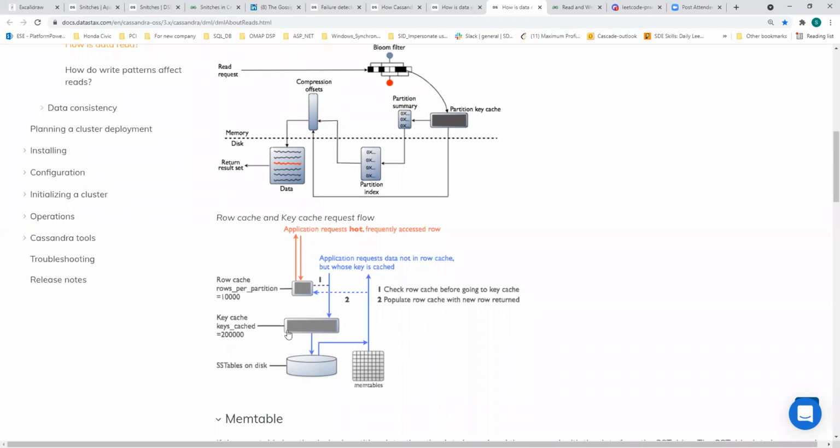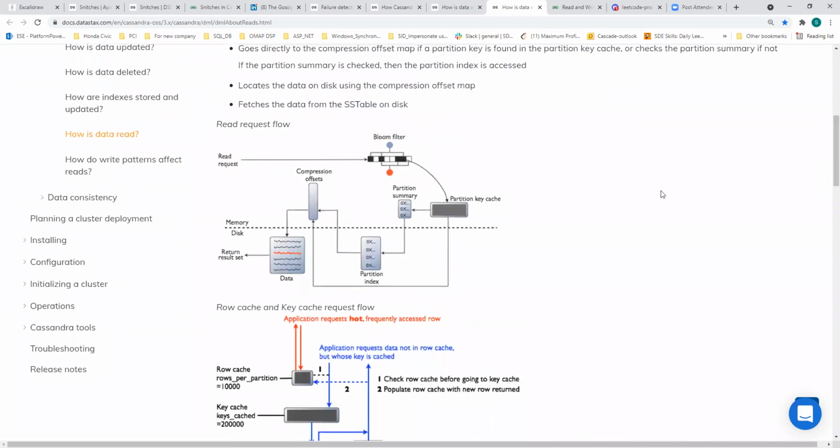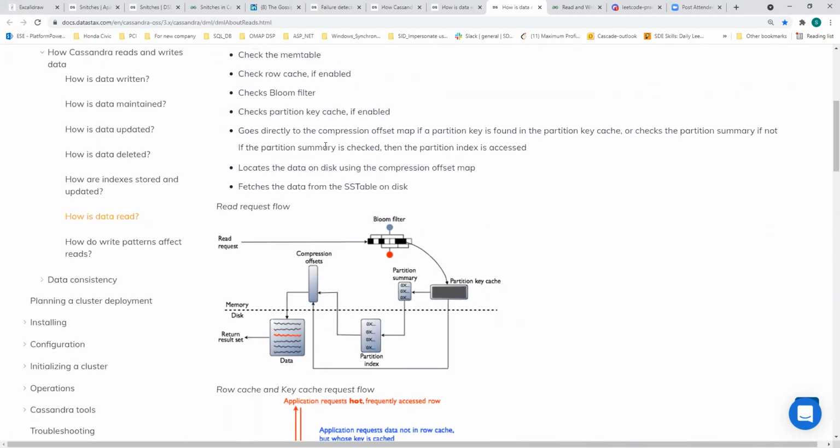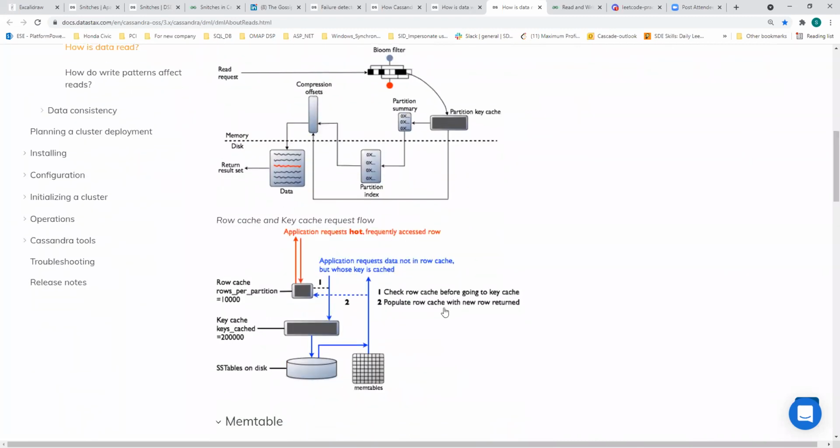After the row cache, you can have a key cache. Instead of going all the way to the partition key, you can also have a key cache. Oh no, he is talking about the same key cache here.